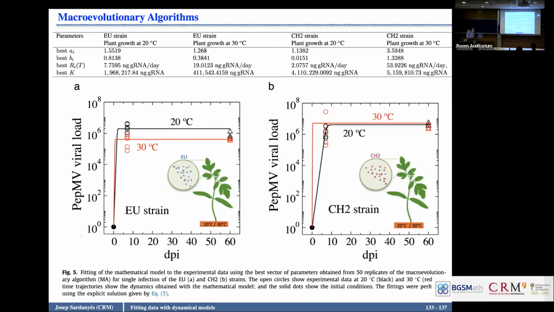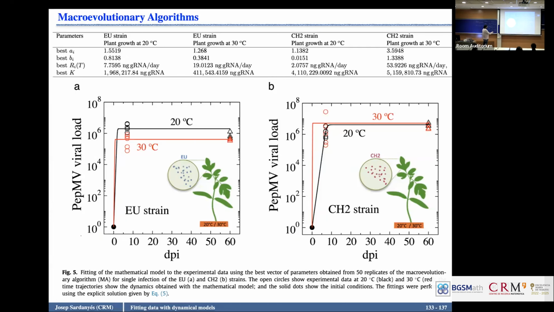Okay, now the data. You will see that the data is a little bit strange, but it makes sense because, for example, for the single infections, this is for the EU strain at 20 degrees and 30 degrees. And this is, of course, the initial condition that is fixed.